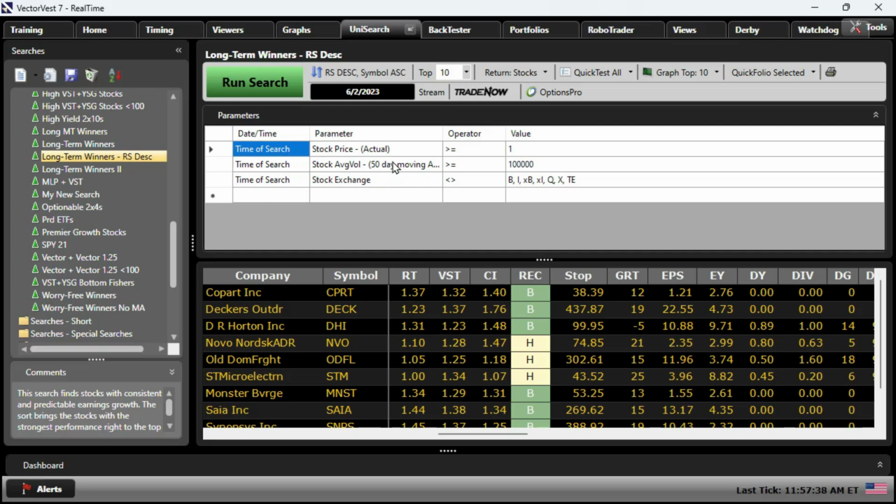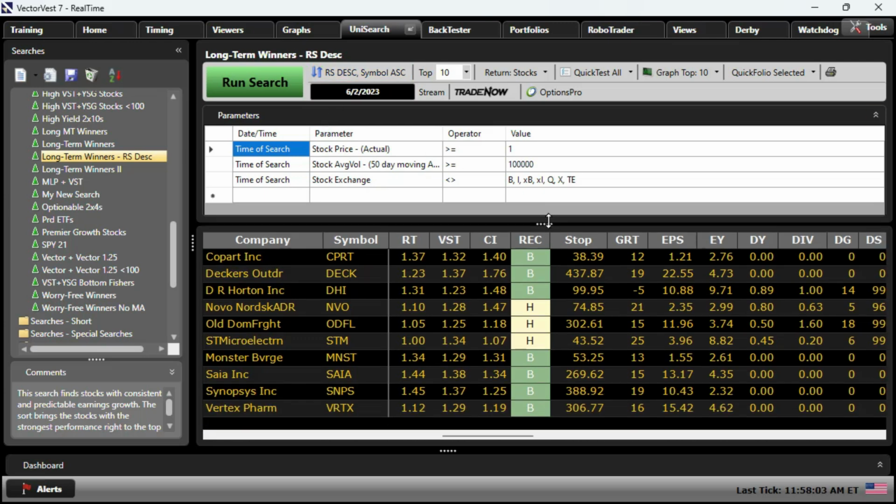Well, here it can't get any more basic than this. We're looking at long-term winners RS descending. It's any stock greater than $1 with just 100,000 shares of average volume, and we're looking at no pink sheet stocks, right? That's it. And then the key, of course, is sorting this by relative safety in a descending fashion.